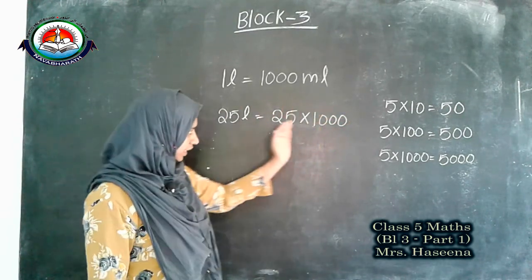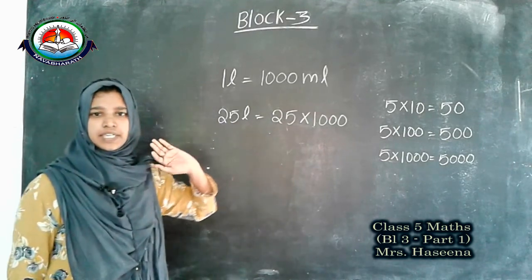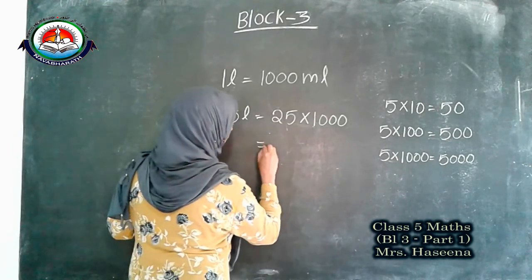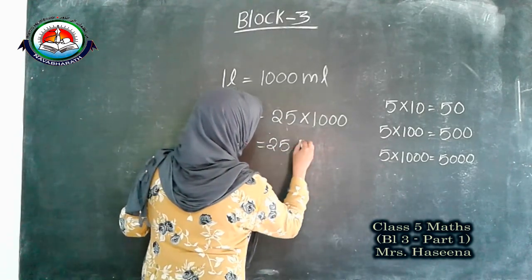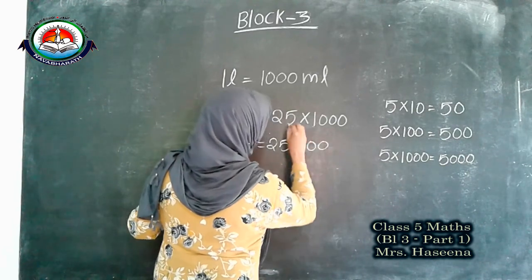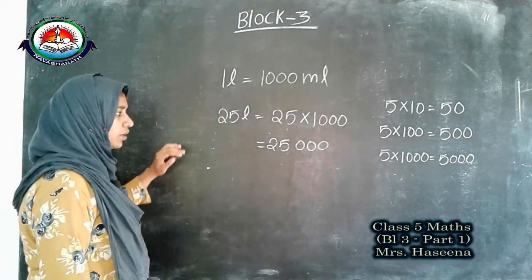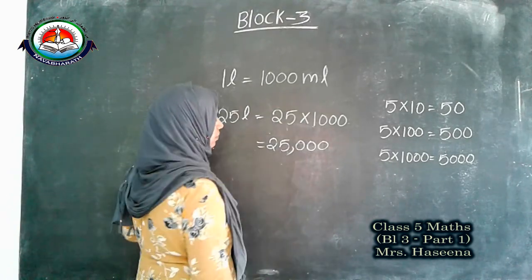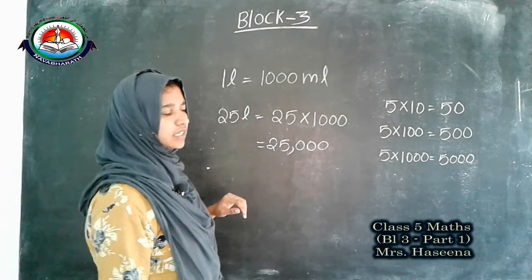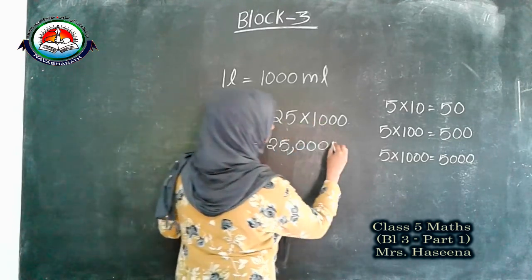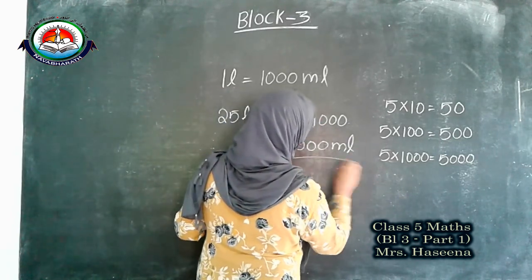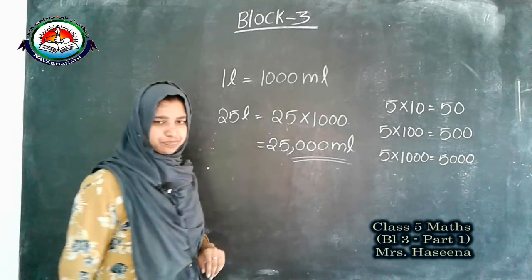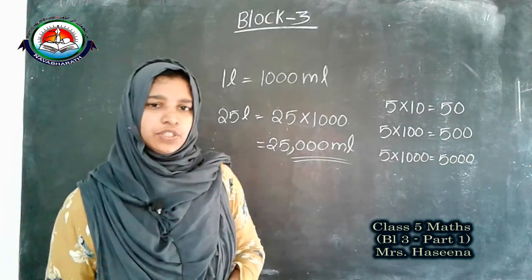How many zeros will we add here? 3 zeros. 25, then 3 zeros will come. So what is this number? 25,000 milliliters.